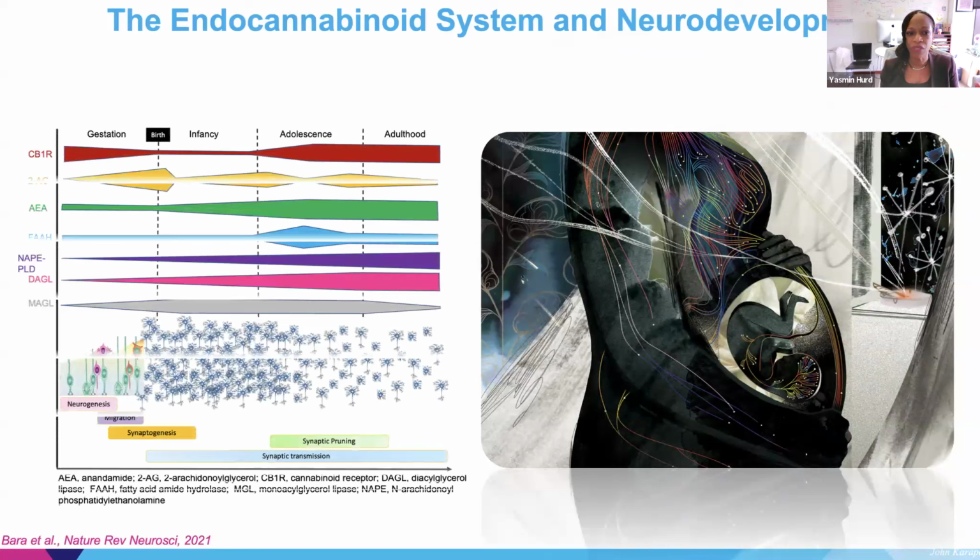And for me, one of them is neurodevelopment. And the reason is that we can see that this is a schematic overview of the dynamic changes throughout development, from early gestation, infancy, and throughout to adulthood, of changes, for example, in the cannabinoid receptors, the actual endocannabinoid ligands, and the enzymes that synthesize them.